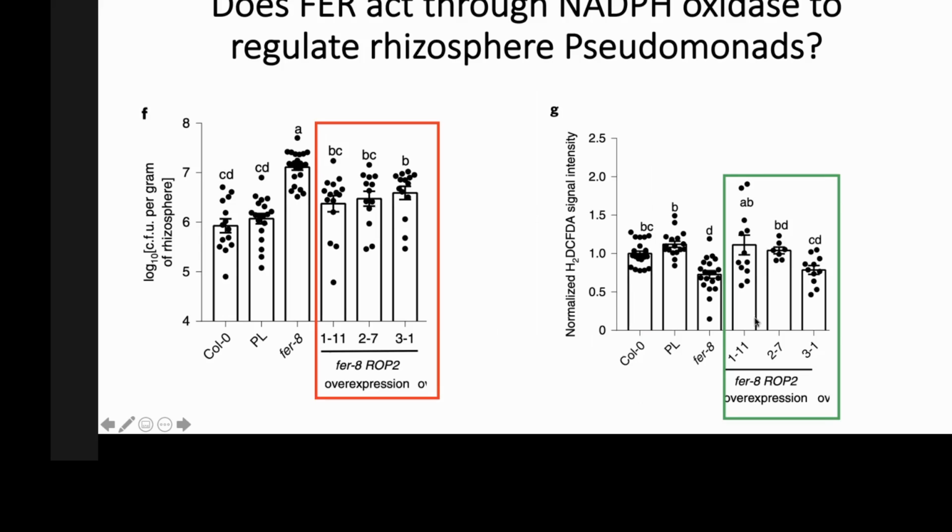But it doesn't quite track, right? Because if you look at line 3-1, in some ways this is very comparable to FAIR8 to me. But at the same time, you see a decrease in CFU for the 3-1, right? So it doesn't quite match up with what you would expect quantitatively.